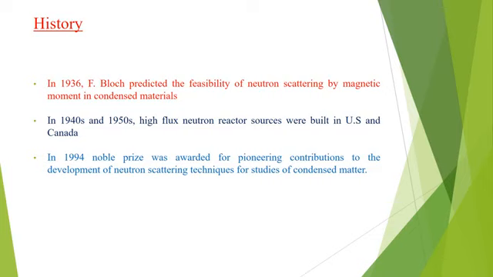After that, in 1994, the Nobel Prize was awarded for pioneering contributions to the development of neutron scattering techniques for studies of condensed matter: to Bertram N. Brockhouse for the development of neutron spectroscopy, and Clifford G. Shull for the development of neutron diffraction techniques.